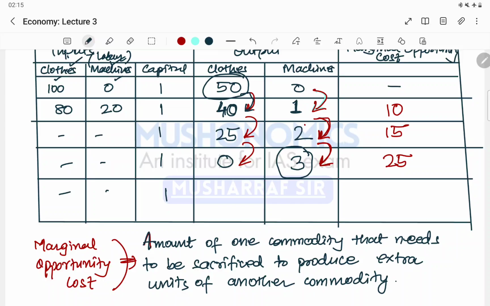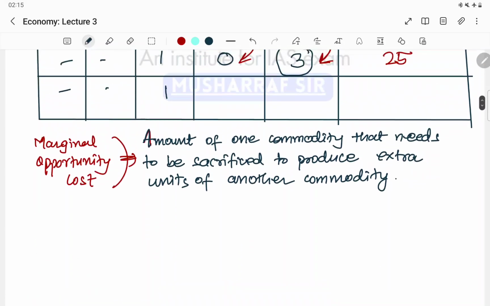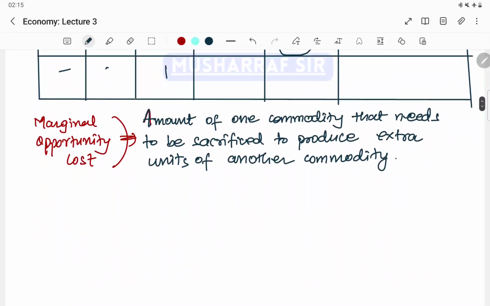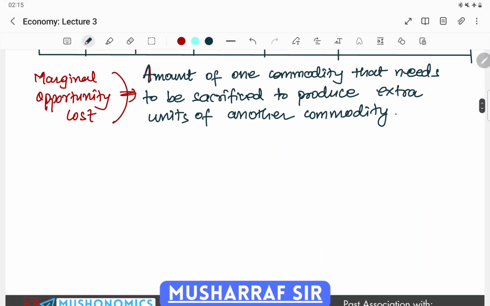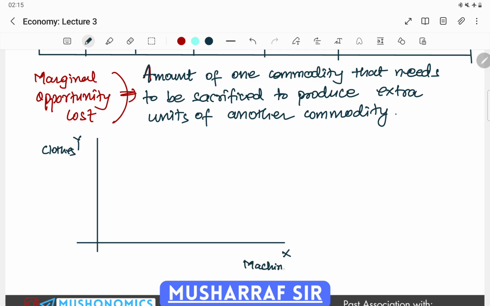Now we will plot this on a graph, and that graph is known as PPC. So how can we plot this graph? Simple XY axis we will take. This is X axis, and this is Y axis. On Y axis we will take clothes. On X axis we will take machines. This is origin, right?